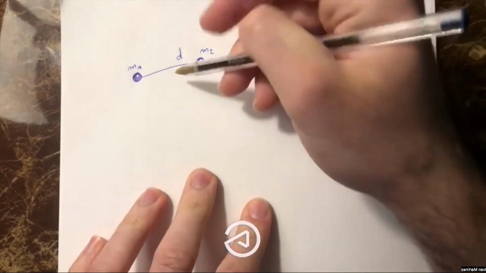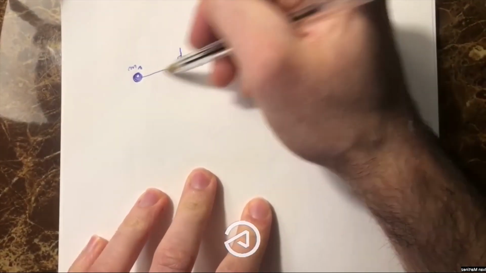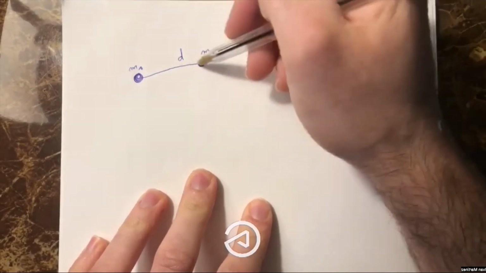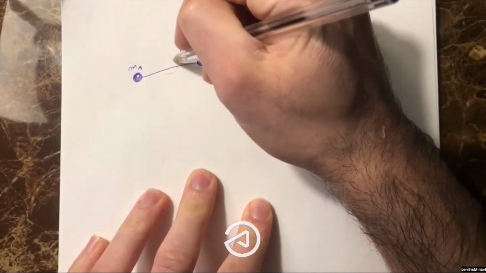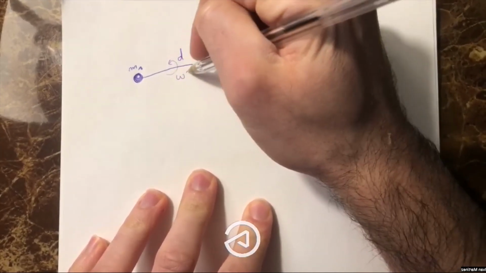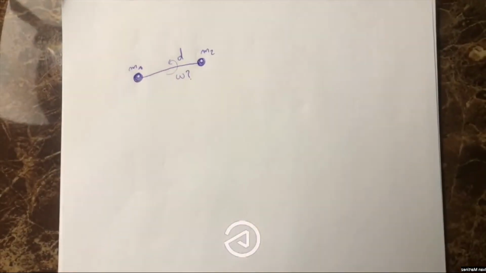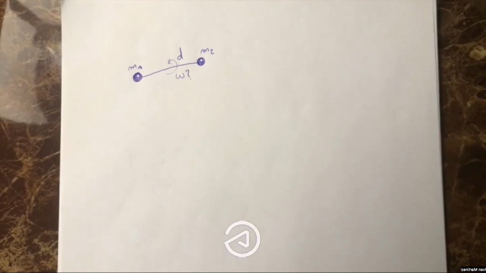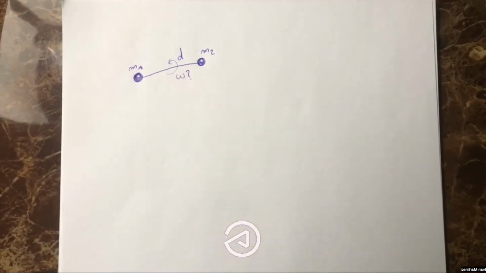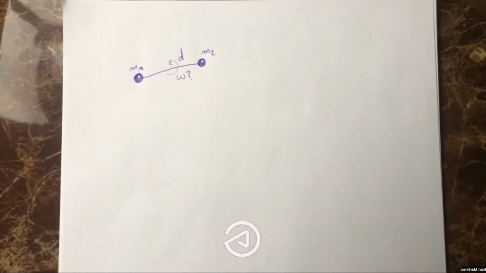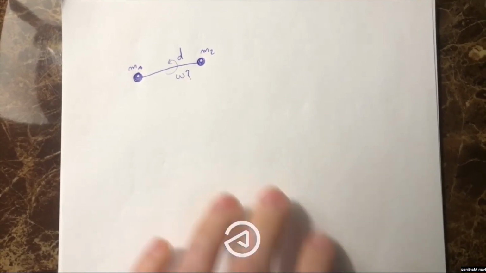So we want to know what the angular velocity of this line is. So what is this lowercase omega? And it's recommending us to use Newton's second law with the center of mass of the system as the origin of the inertial frame.